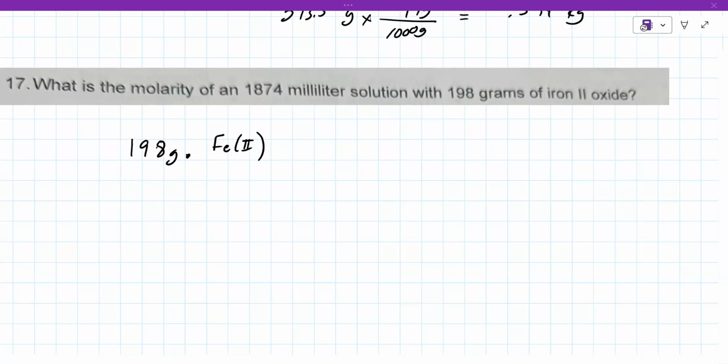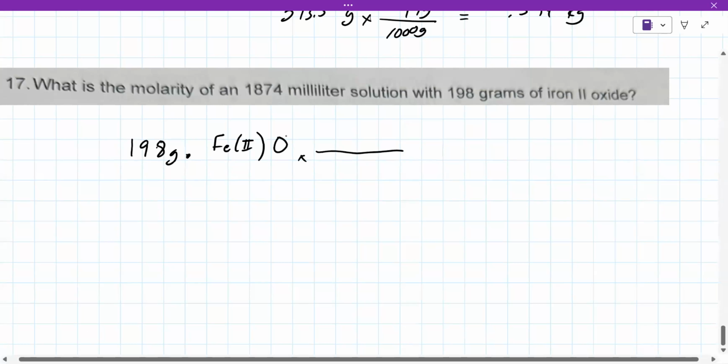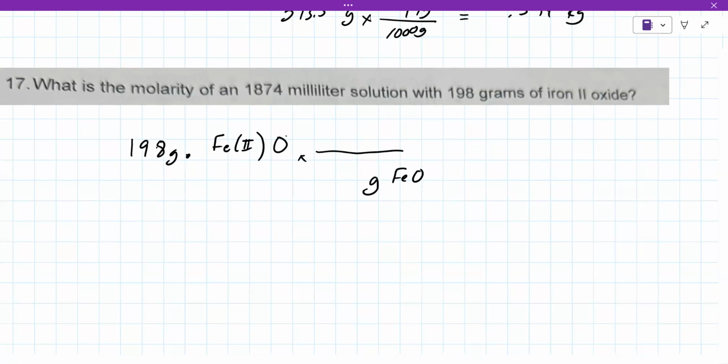Let me look. So it's just FeO. So you need the molar mass: grams FeO per mole FeO.